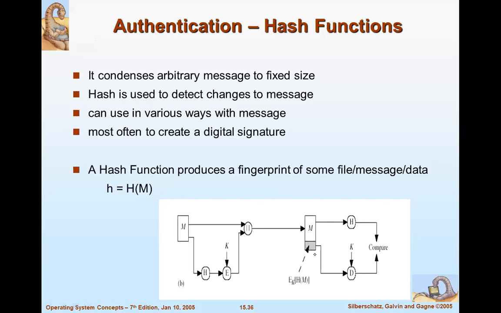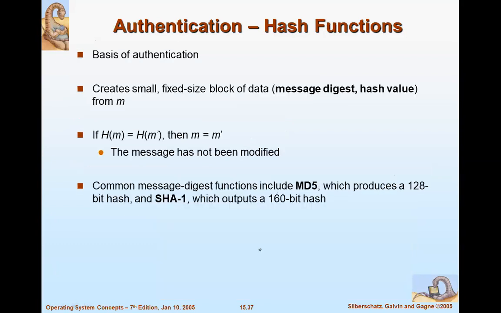He can get this hash only through decryption, and here he can get the actual data, and then compare it with the hash over here. After comparison, if it's the same, it means the message is correct. It creates a small fixed size block of data like a message digest.